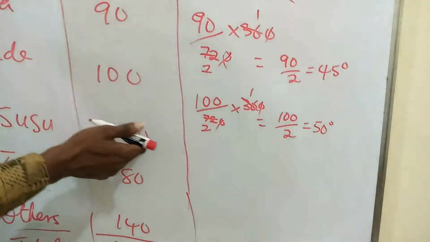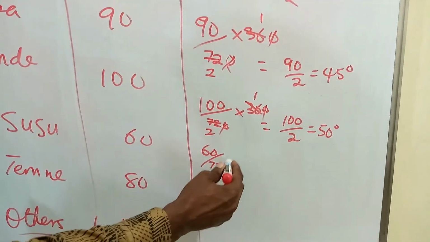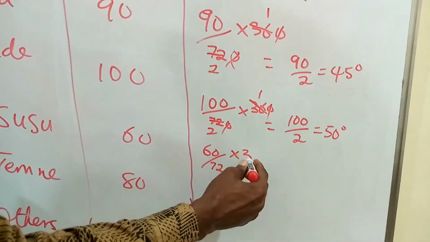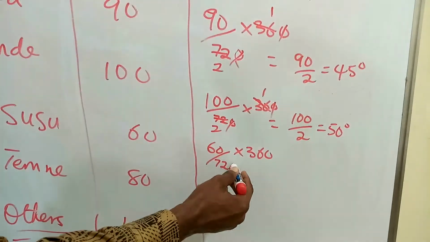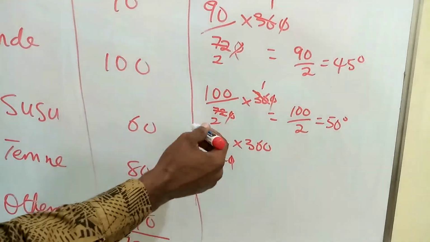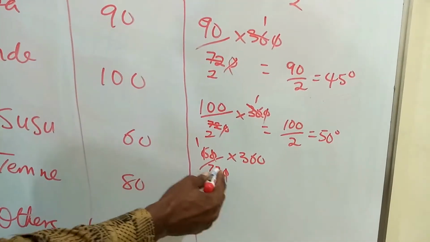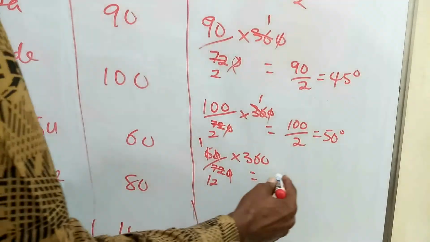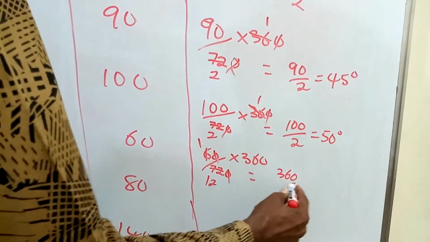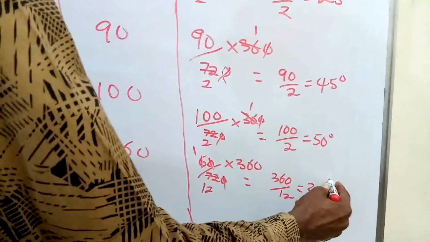We have Susu, 60 all over 720 times 360. 0, we cancel 0. Okay, 6 here is 1, 6 here is 12. We have 360 all over 12 equals 30 degrees.